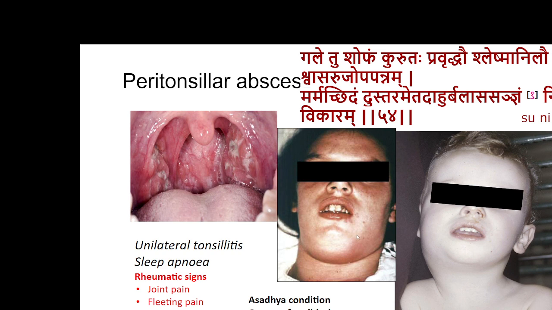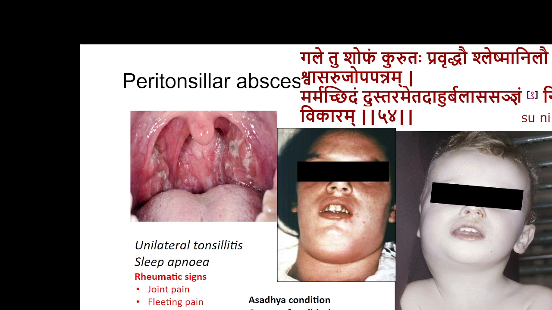Even it can block the respiratory tract as well as the gastrointestinal tract opening. Of course they are rare, not so common, and if the patient has any of these presentations, definitely that's considered as Asadhya Vaishushuddha. In the present situation, definitely one course of antibiotic is required, and surgical intervention like either the drainage or maybe the tonsillectomy may be indicated.